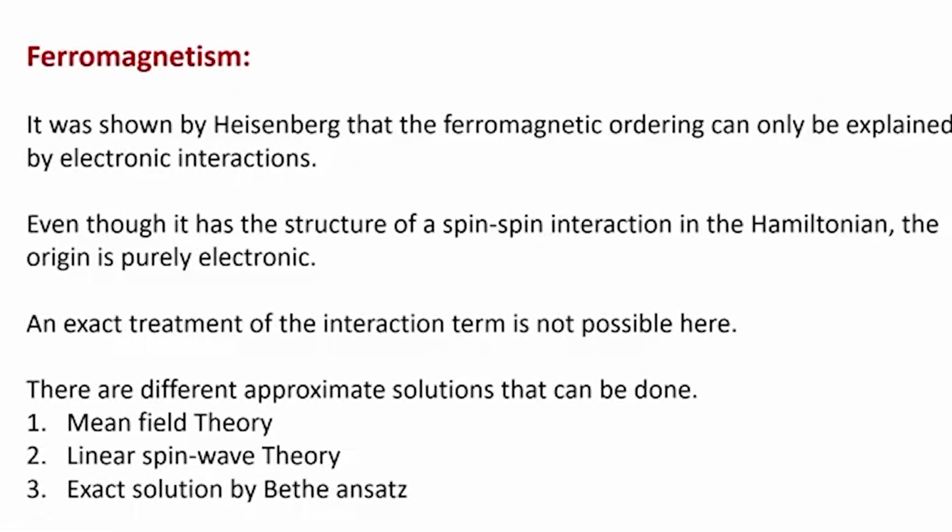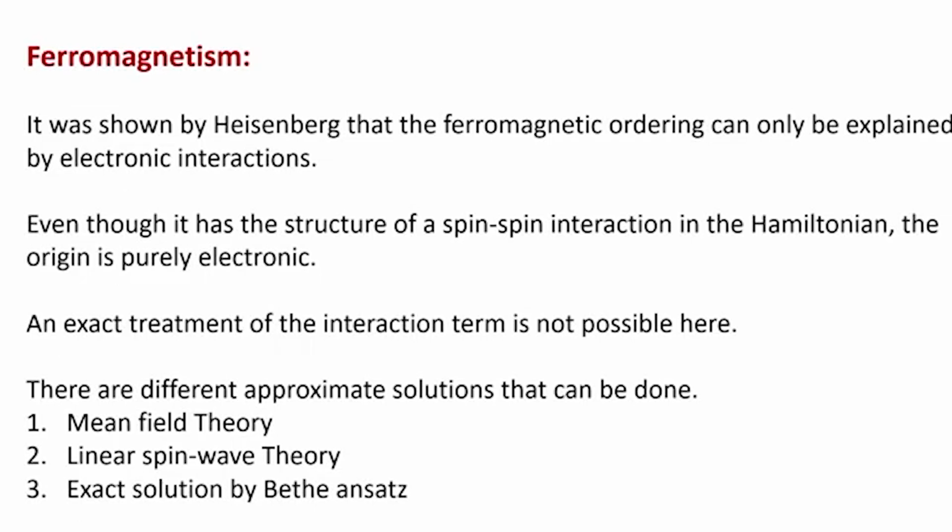Now, to study ferromagnetism, it was shown by Heisenberg that ferromagnetic ordering can only be explained if you invoke electronic interactions. Even though it has the structure of a spin-spin interaction in the Hamiltonian, the origin is purely electronic in nature, and an exact treatment of the interaction is not possible. It would be a long derivation.